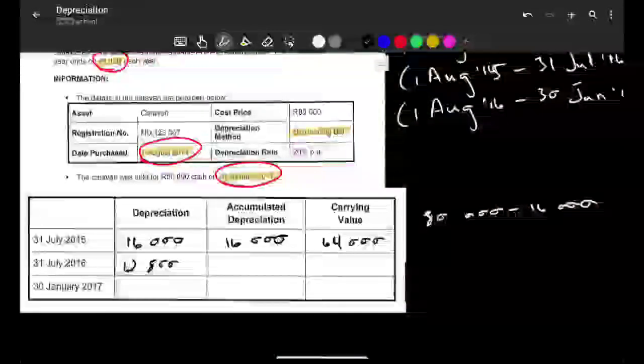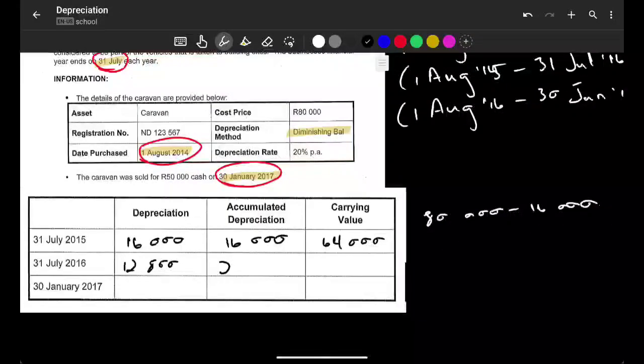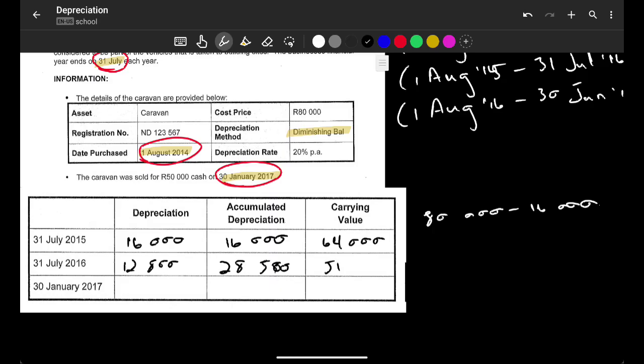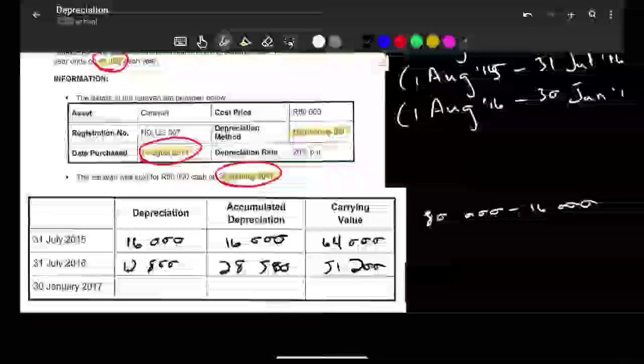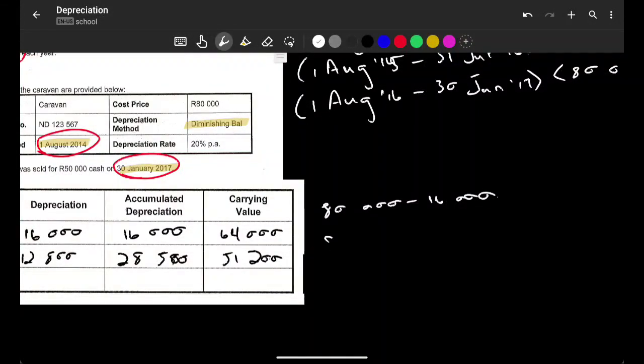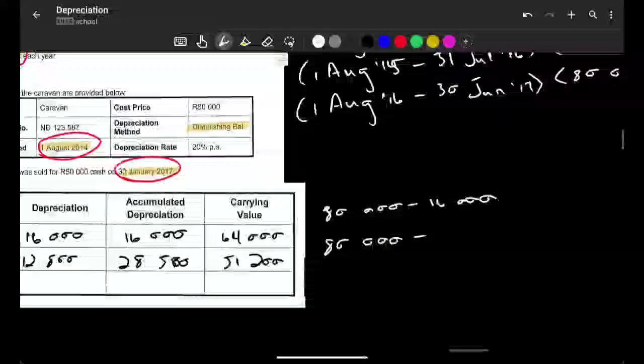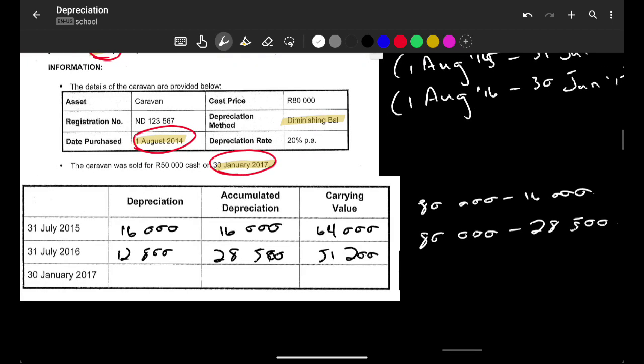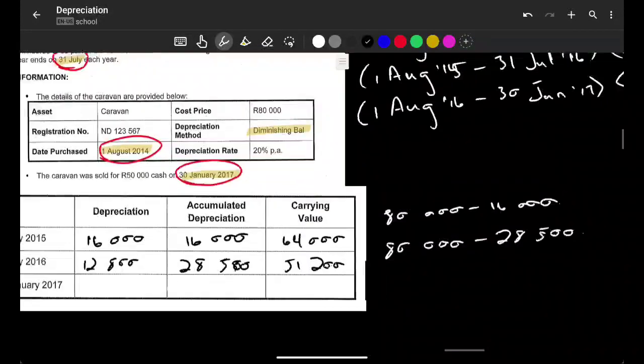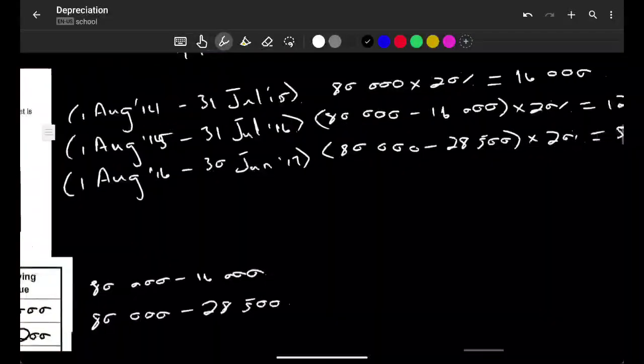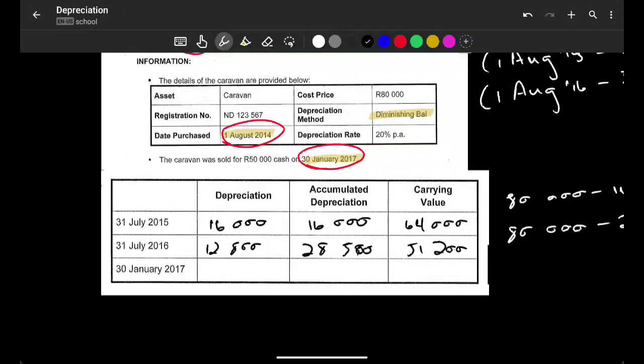Our accumulated depreciation at that point was 28,500. Our carrying value is 51,200, right? And we got that by saying 80,000 minus our accumulated depreciation at that point, which is 28,500, and that gives us 51,200. Now for our last year, our depreciation was 5,120.